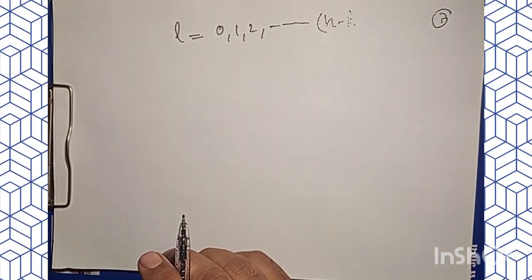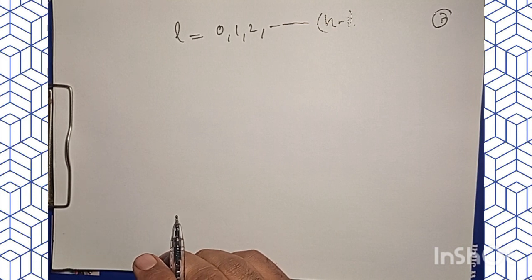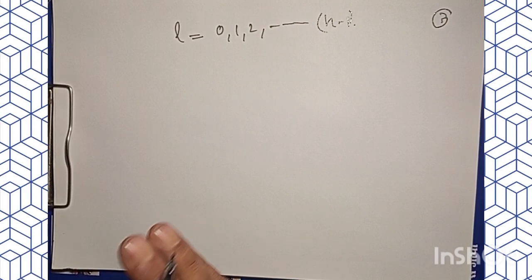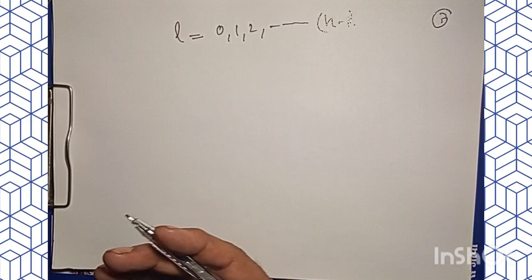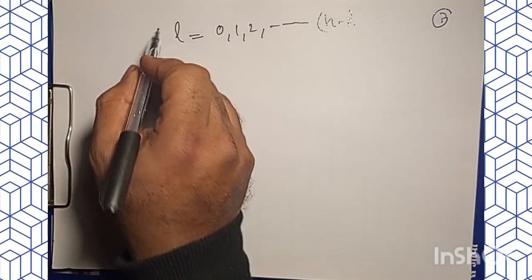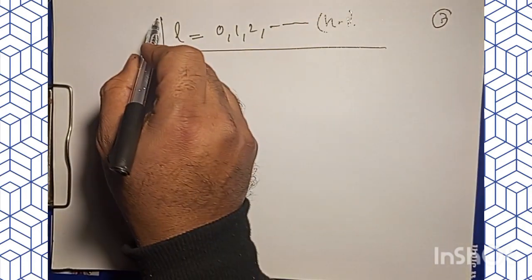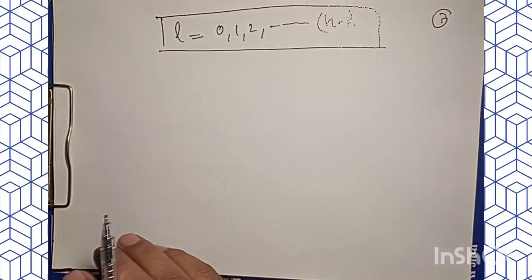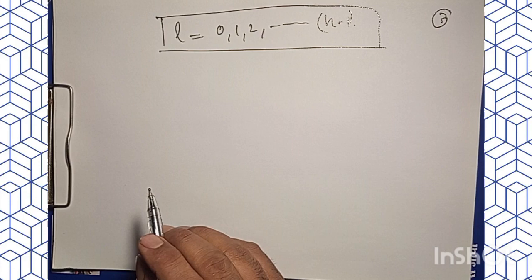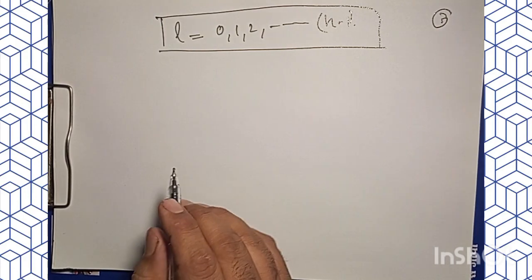And so to speak, at this point we are in a position to have three important quantum numbers that are spontaneously coming out of solving the Schrodinger's wave equation on the hydrogen atom.